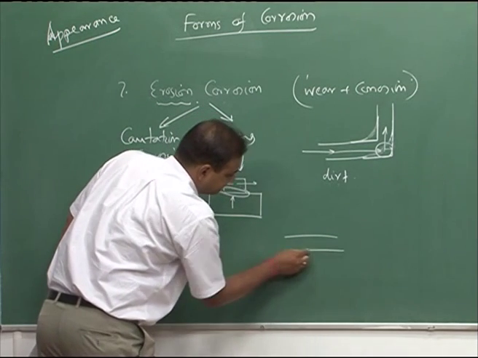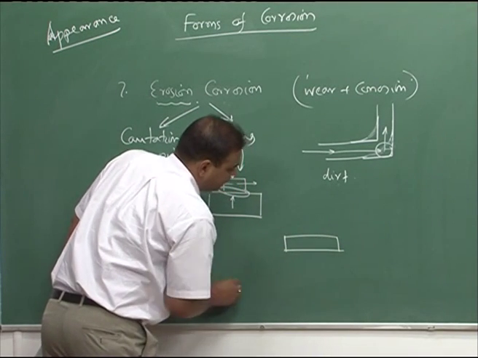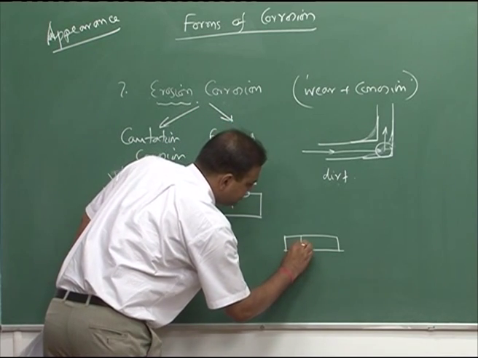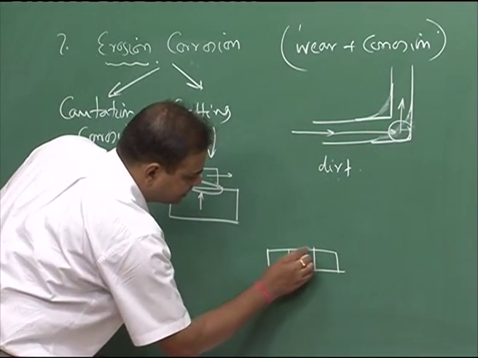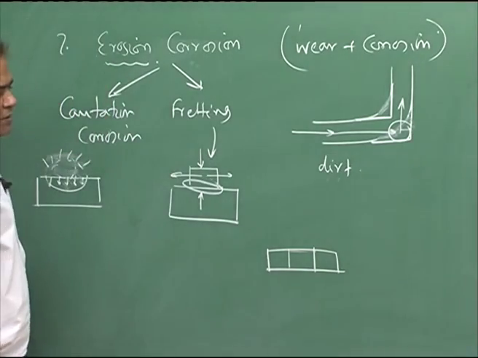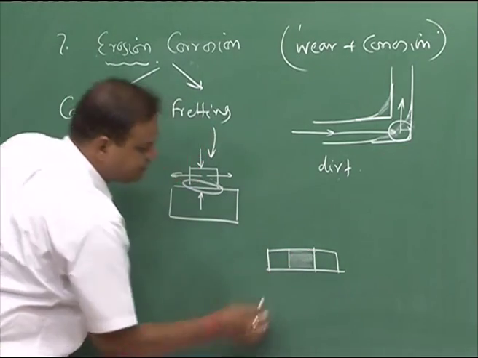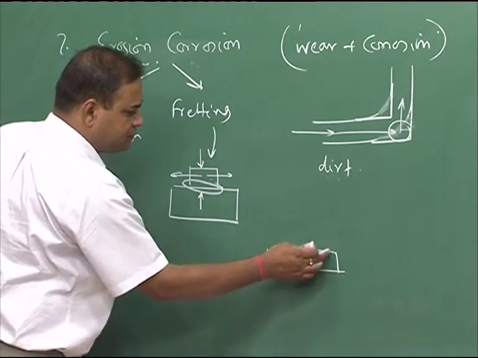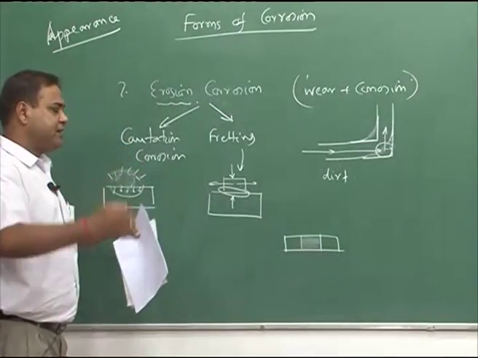Let us say this is the rail, and near that connection, the fish plate is connected. Now, when the train is moving, the line is expanding.